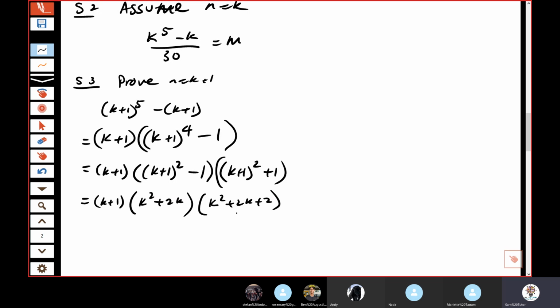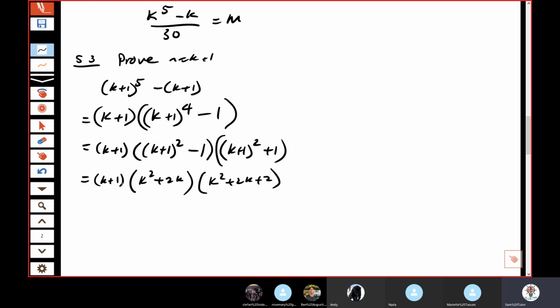Wait a second. Just try and make it efficient if I can. Which I can't. Can't see any more efficiency than me about to expand this whole thing. Sorry guys. Let's go k cubed plus 2k squared plus k squared plus 2k. So that becomes k cubed plus 2k plus k is 3k squared plus 2k.